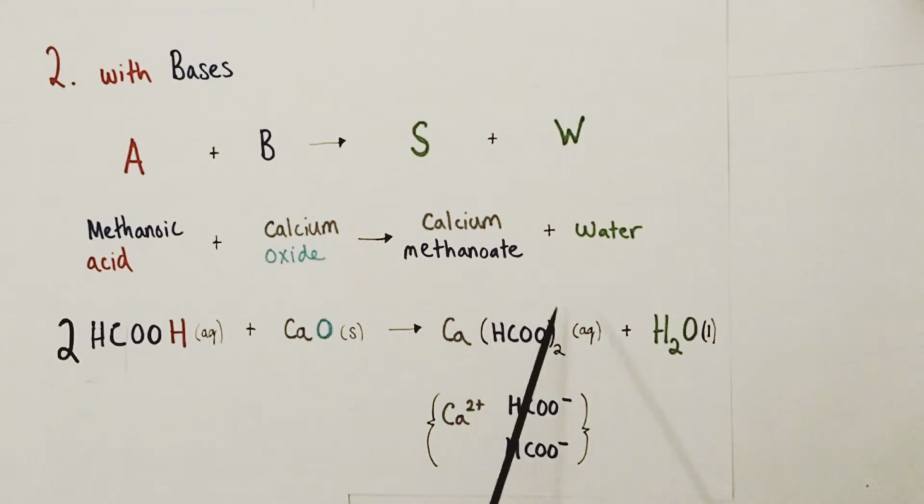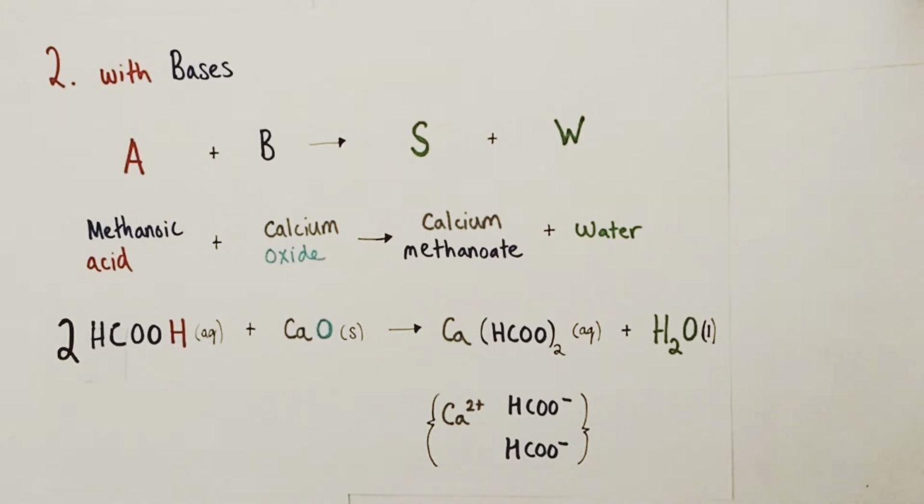How did I get the correct formula for this salt? Well, as last time, the hydrogen ion from methanoic acid is lost. That's the H+ ion leaving, and it leaves the rest of the original acid molecule as a polyatomic negative ion, the methanoate ion, HCOO-. So, how many -1 methanoate ions will I need to totally balance out the 2+ ionic charge of the calcium ion of our salt?